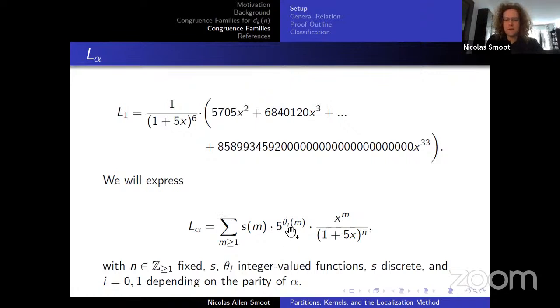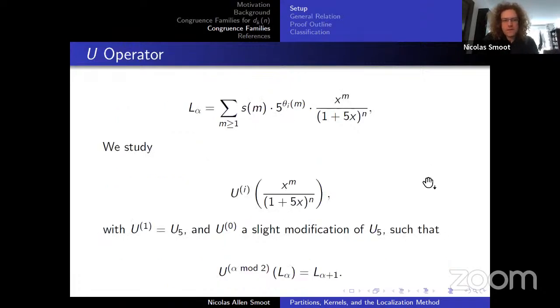Times 5 to a certain power. This will, in a sense, be my lower bound for the divisibility by powers of 5. And then times a bunch of rational polynomials that look like this, like rational monomials, if you like. Okay. So L alpha will look something like this.